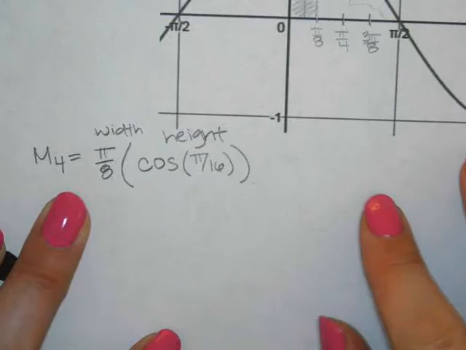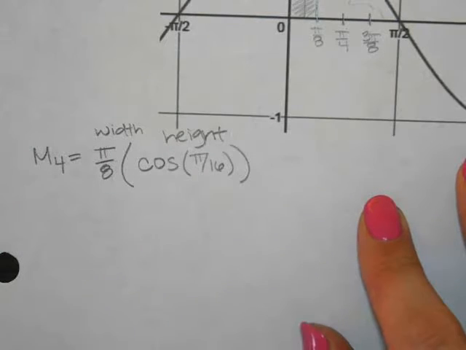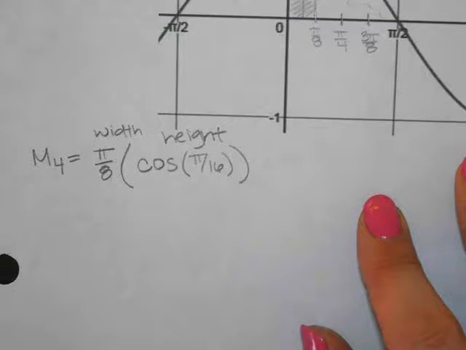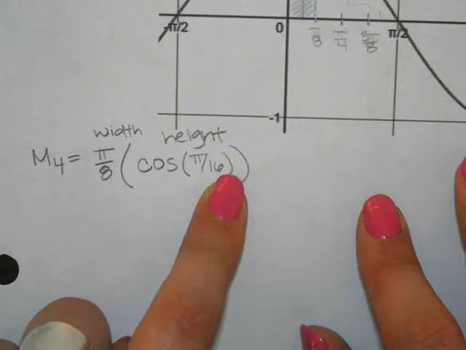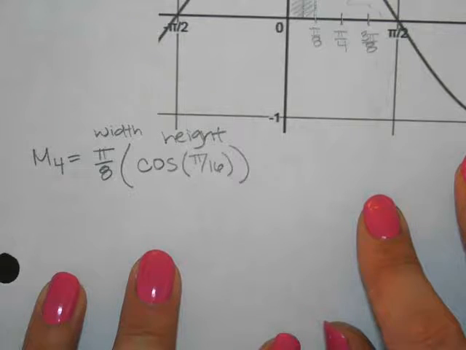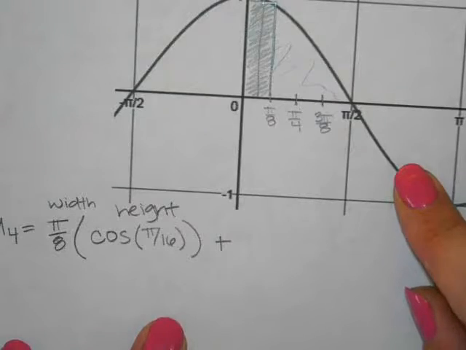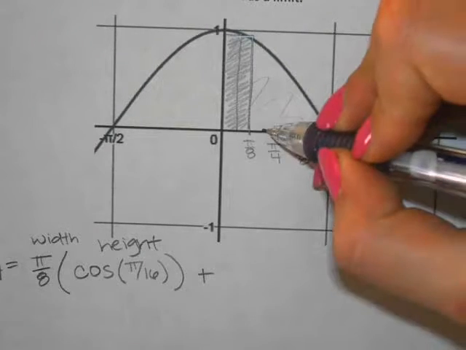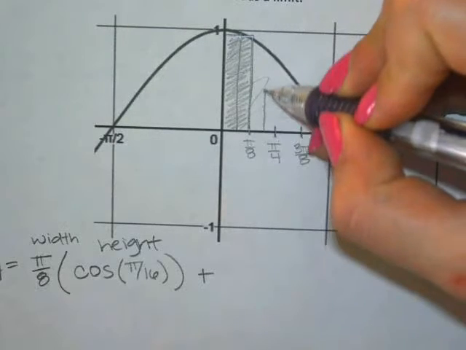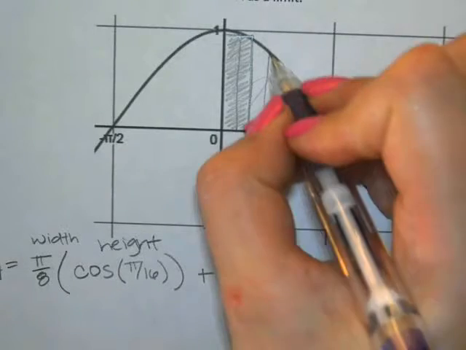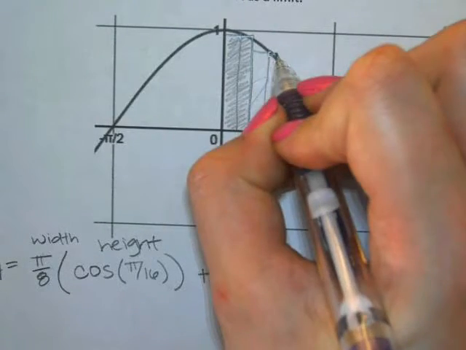The reason yesterday that we had something squared every time is because we were plugging it into the function x squared. This time we're not going to have something squared, we're going to have cos of something to find each of our heights. Okay, so plus, let's go ahead and figure out the next rectangle. So again, here's our middle. We'll find where the middle cuts into the curve. That's going to be the height.